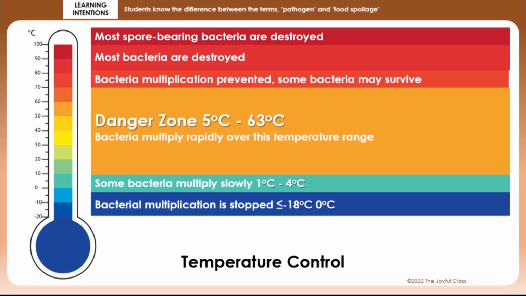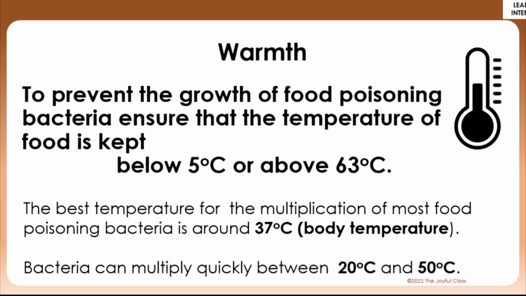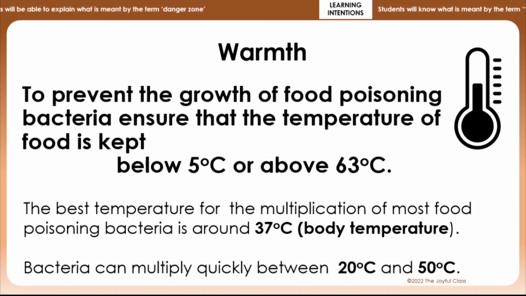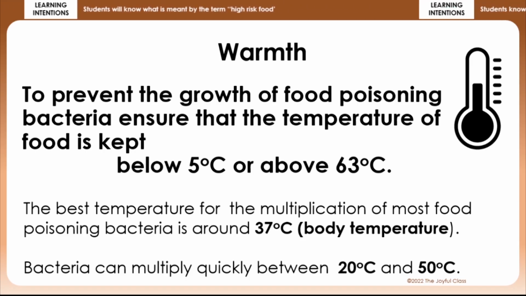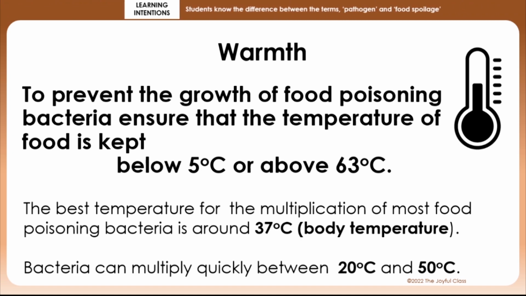Multiplication of bacteria is stopped, it's not killed, it just goes to sleep at below minus 18 degrees. So to prevent the growth of food poisoning bacteria, you must ensure that the temperature of the food is kept below 5 degrees centigrade or above 63 degrees centigrade.